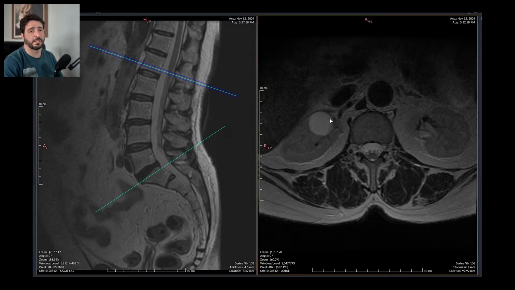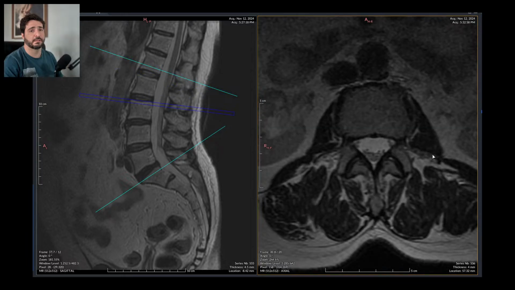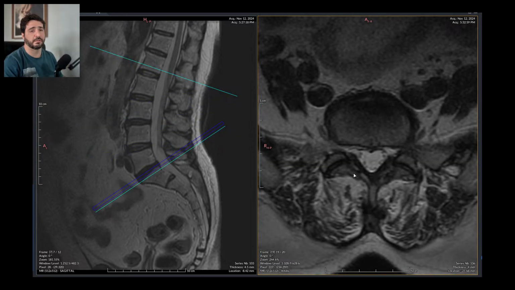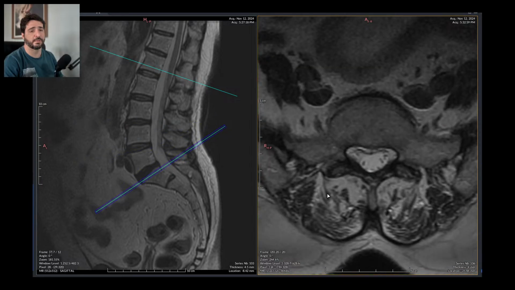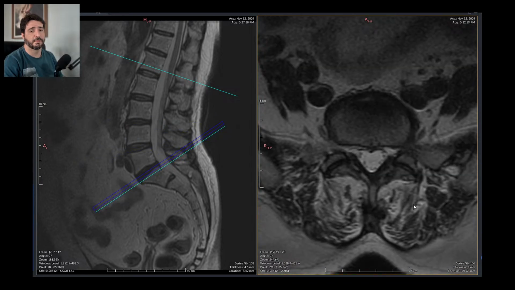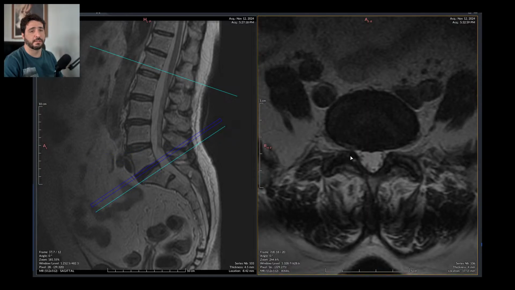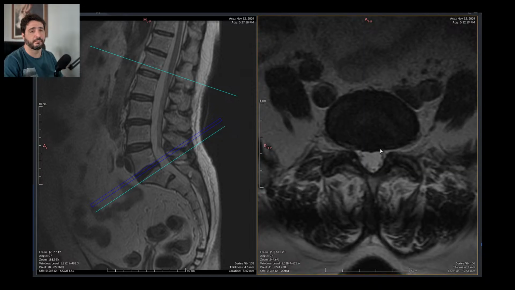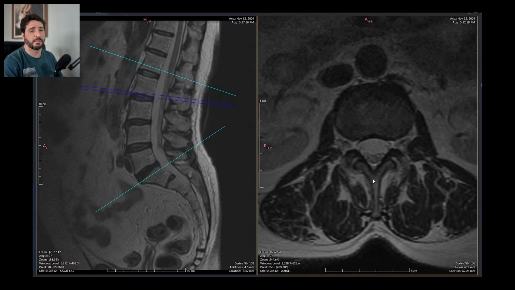Let's just see the axial. There is a kidney cyst right there, which I'm not going to report because this isn't an abdominal scan. This is a lumbar spine scan. So chronic denervation all over the muscles. This is severe arthrosis. Stenosis of the vertebral canal.